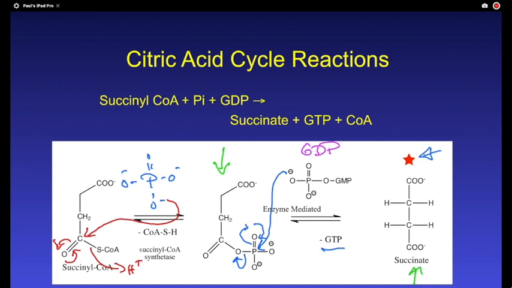Symmetry. Okay. Once the succinate comes out of this enzyme, it is symmetrical. That means when it goes into the next enzyme, it can orient one way or the other. Okay? This is important. This might be a little bit important on places that you get graded, like a quiz or an exam. So, keep this in mind. This is symmetrical.